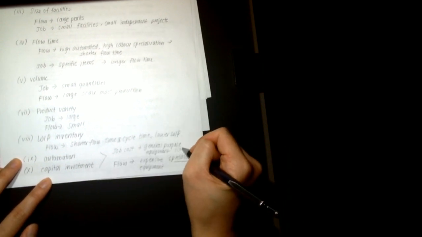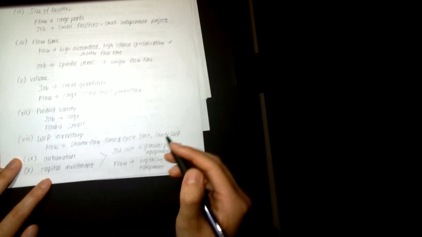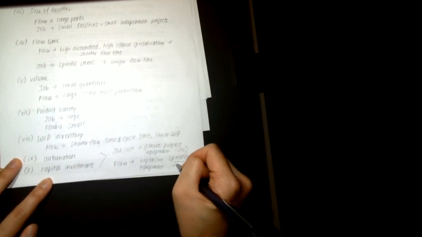So for job shop, it would be low capital investment, low automation. And for flow shop, it would be high automation and high capital investment.